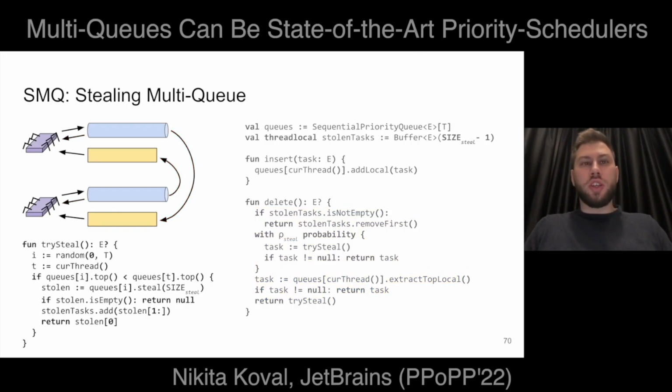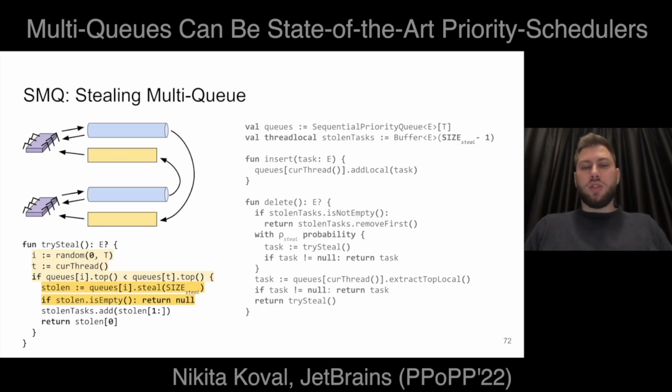The stealing procedure is straightforward. We simply choose a random thread and check whether its queue, the top element from it, is better compared to the top element in the local queue, and if it is better, we steal the specific number of tasks.